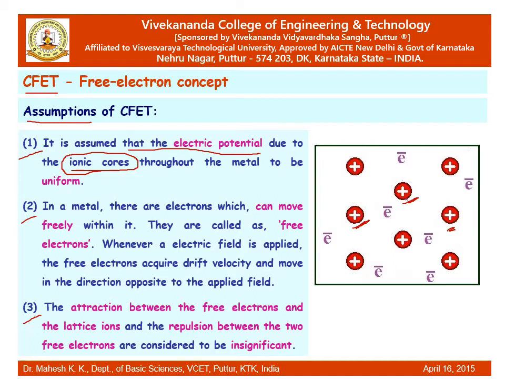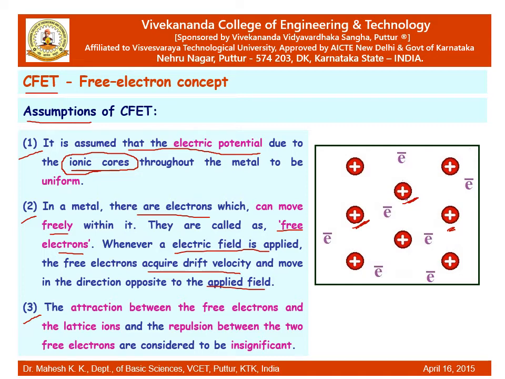The second one is that in a metal there are electrons which can move freely. So that means there are free electrons. Whenever the electric field is applied, the free electrons acquire drift velocity and move in the direction opposite to the applied field, which I had shown in the previous slide, if you can refer back.